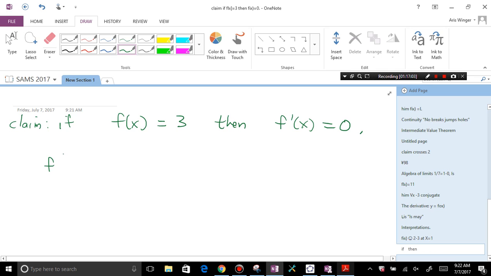What is f prime of x? Here's the proof. F prime of x is what? Oh, that's what we were trying to prove. What do we know f prime of x is equal to? What is it? What is f prime of x?